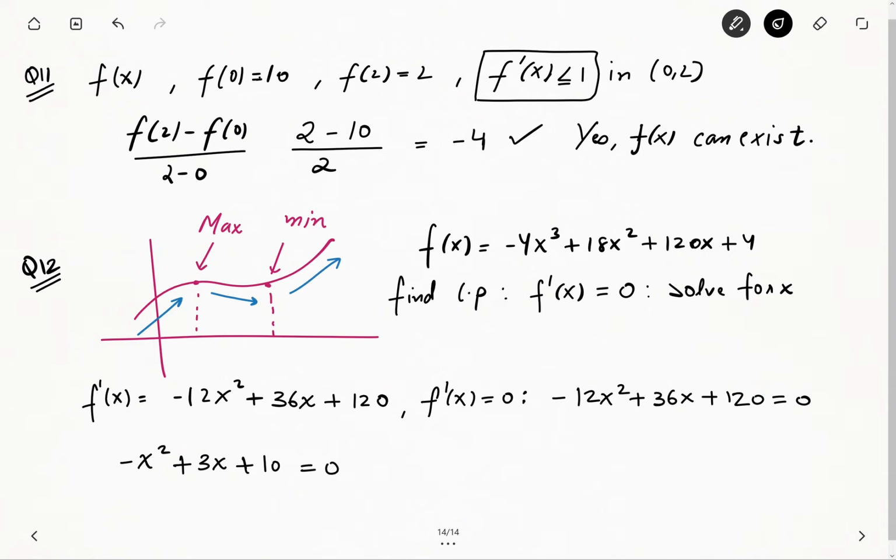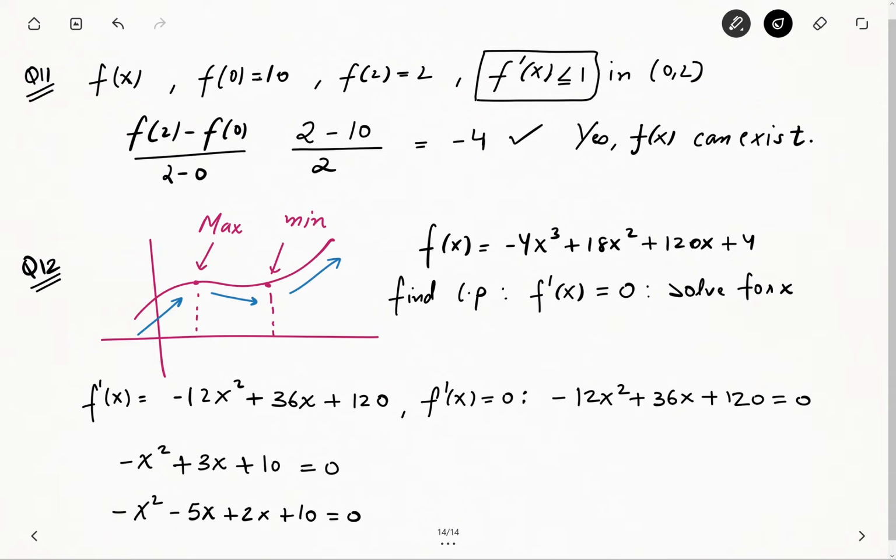Now if you try to factor this, you should be able to get 5 and 2. So negative x squared minus 5x plus 2x plus 10. This is just me doing an old school way of factorization.